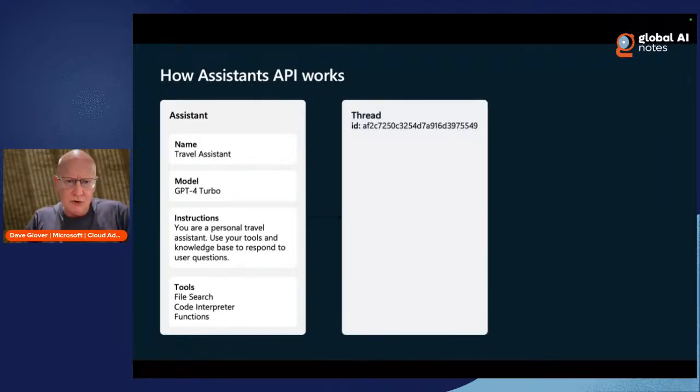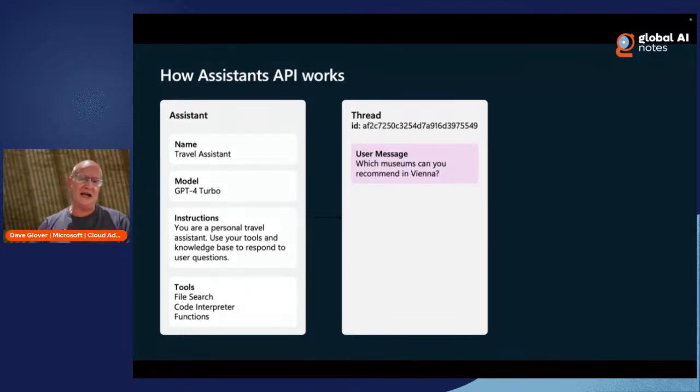Okay, so the next thing you would do is that when a user wanted to start chatting, your application would call the Assistants API and say, hey, look, go and create me a thread. The Assistants API would create you a thread and then return back an ID. And that becomes the ID for the conversation. And then you attach messages to it.